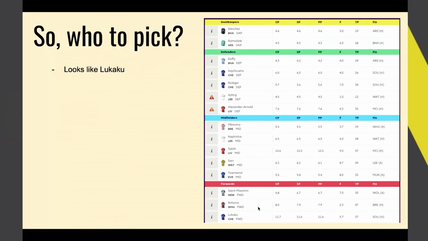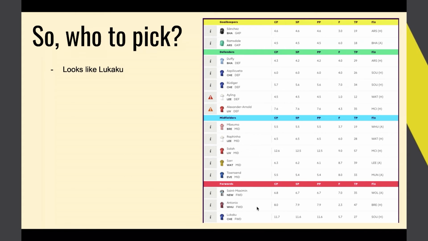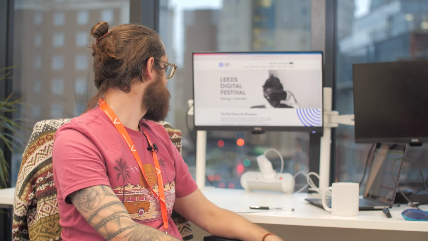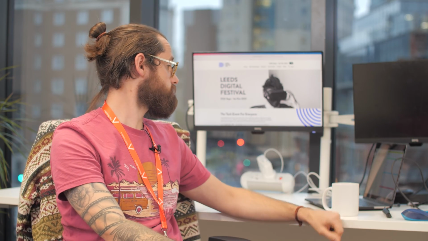If we look at their fixture difficulties, Lukaku is playing Brentford, Antonio is playing Brentford, Lukaku is playing Southampton. So those fixtures are very similar. And then if we look at their forms, we can see that Lukaku is putting out significantly better numbers, hitting 5.7 points per game. So I should probably pick Lukaku.